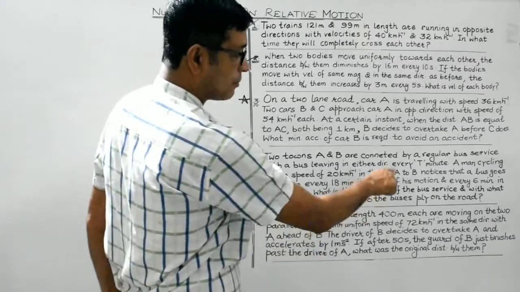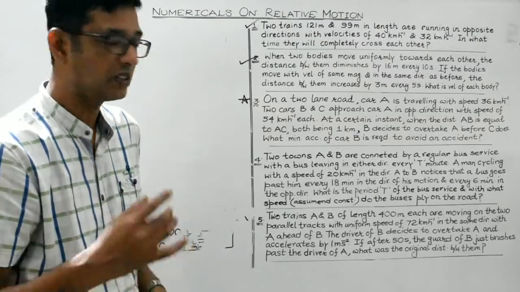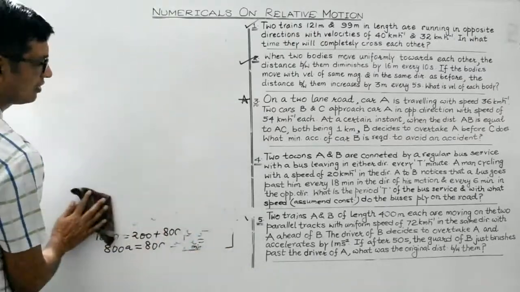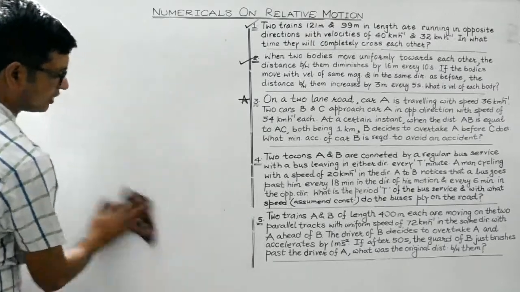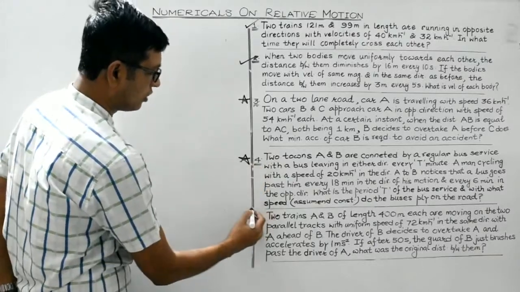What is the period capital T of the bus service, and with what speed, which is assumed to be constant, do the buses ply on the road? Right? This is, students, a very, very important question. So let's try to see its solution.